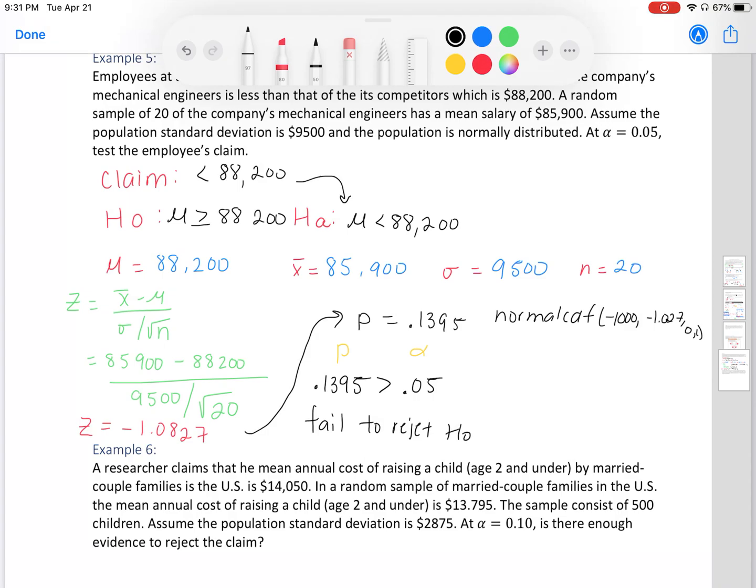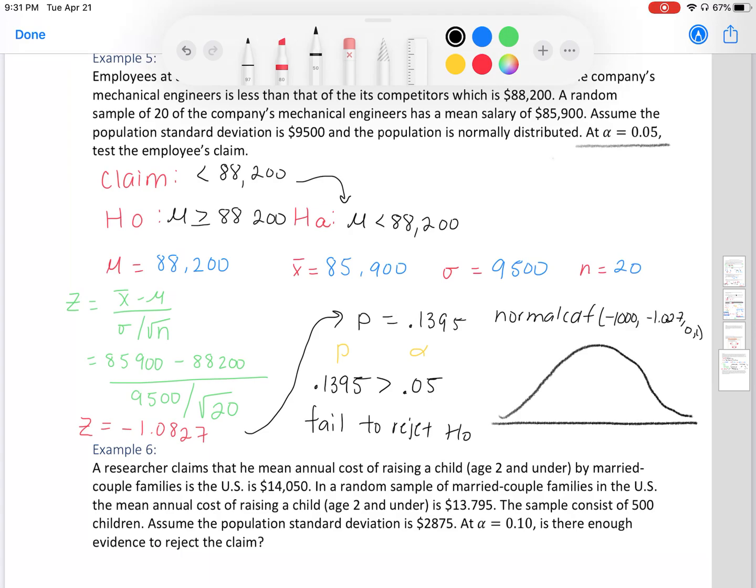Now, if I want to relate this to a curve, so we have our bell-shaped curve, and we're working with a p-value of 0.13, and we have an alpha of 0.05.